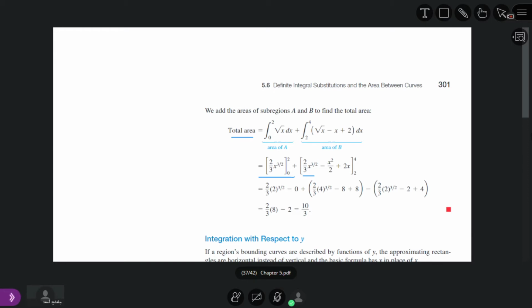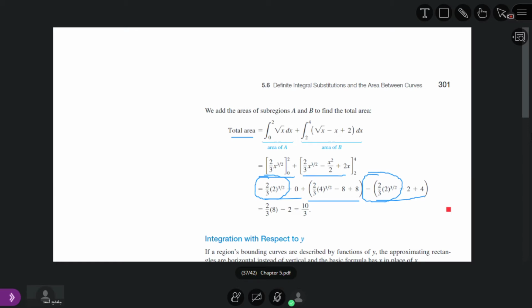Now we put in the upper limit and then the lower limit. Whenever we put 0, it will make everything 0. In the second part, first we put the upper limit 4, then the lower limit 2. Here we have 2 by 3 of 2 power 3 by 2, and minus 2 by 3 of 2 power 3 by 2.